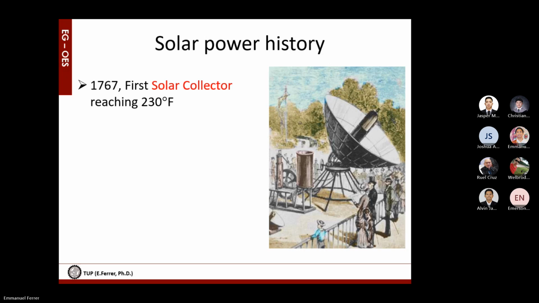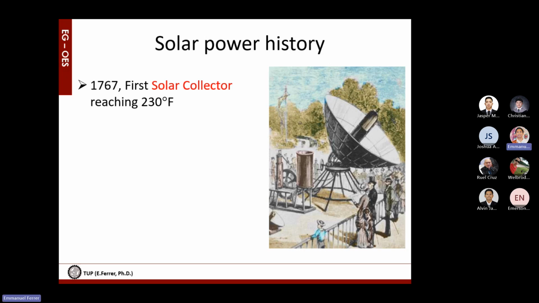Check natin. Ayun, taas, no? Nagpas sa boiling. So definitely, you produce steam.